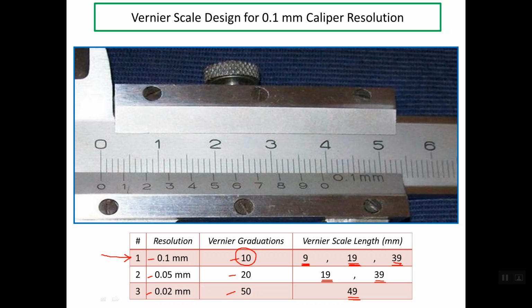We have 19 mm, and we have the longest one with 39 mm. So instead of having a Vernier scale of 10 mm or 20 mm or 40 mm, we have 9 and 19 and 39. So this is the concept of the least count for the 1/10 mm Vernier scale for the caliper.